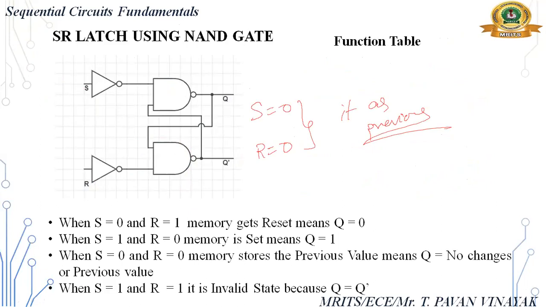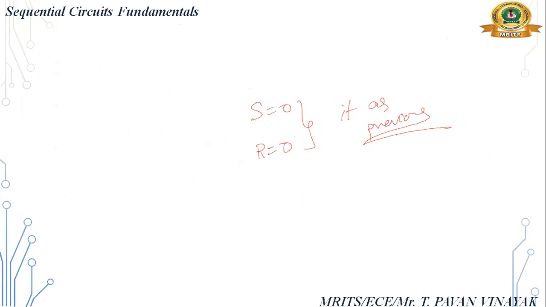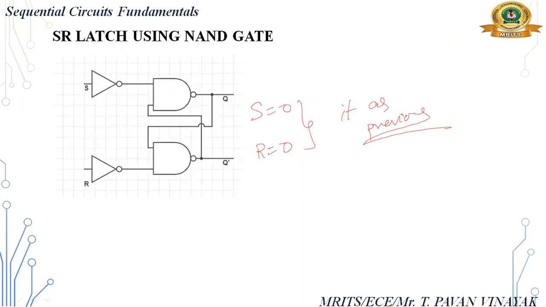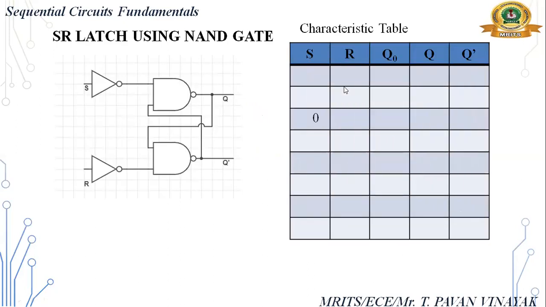Let us see how it acts as previous state. Suppose I am giving first 0 1. 0 1 means output is always 0, right? So previous Q value is 0. Now I am setting S is equal to 0, R is equal to 0.